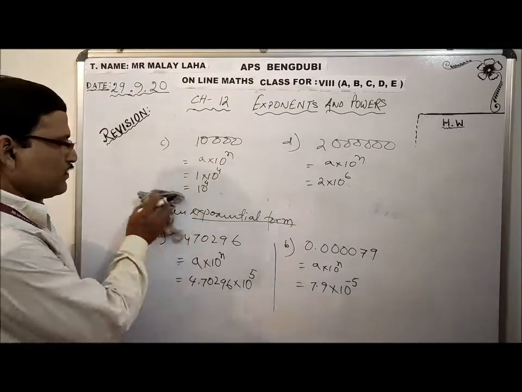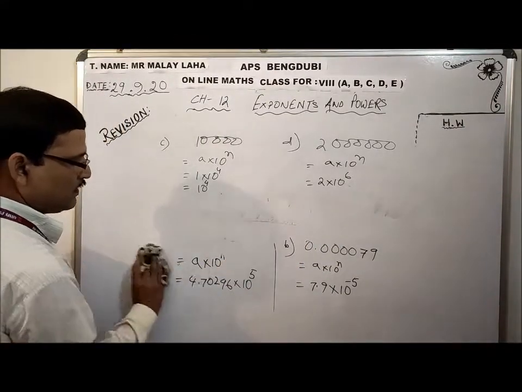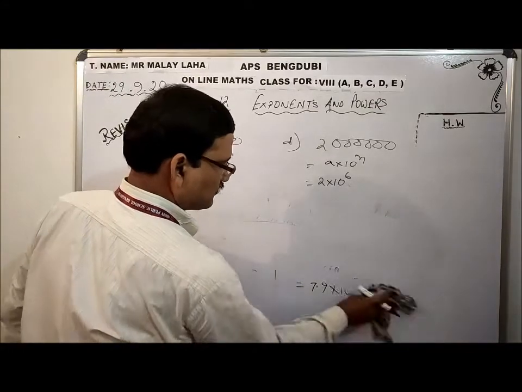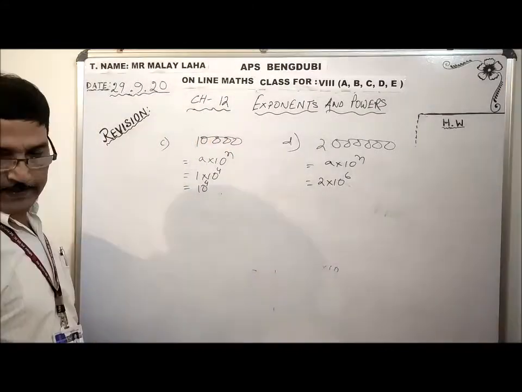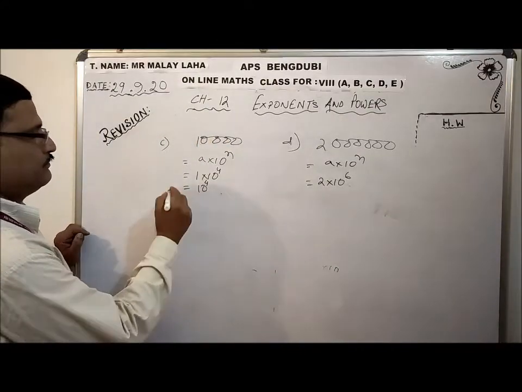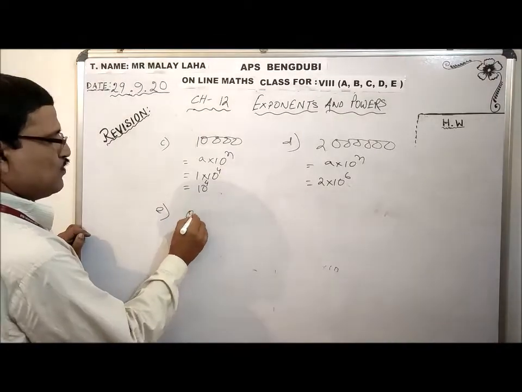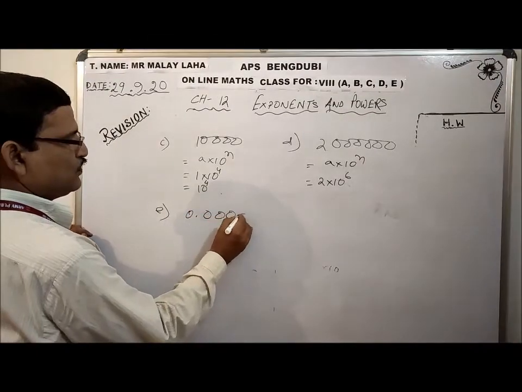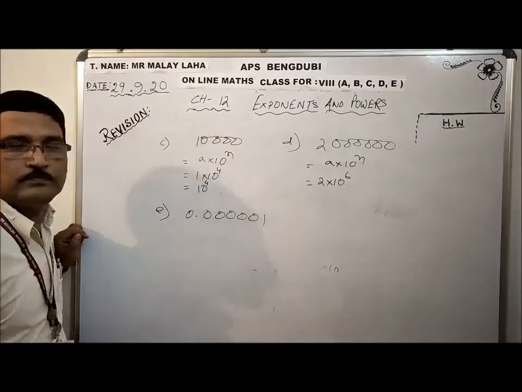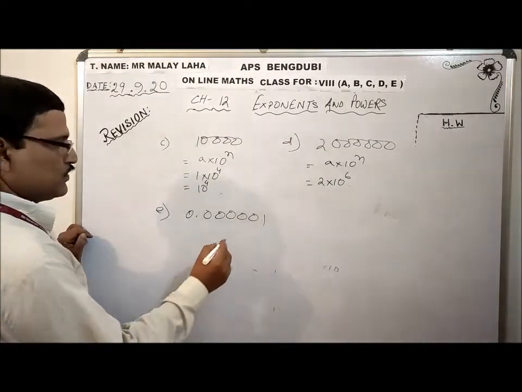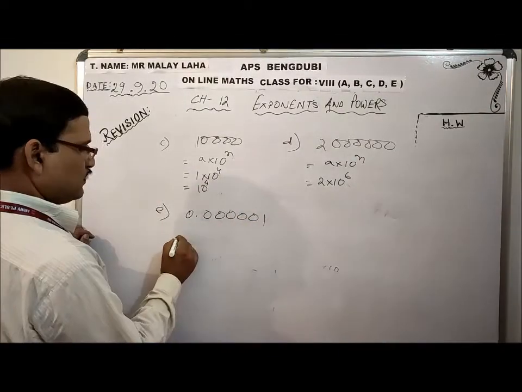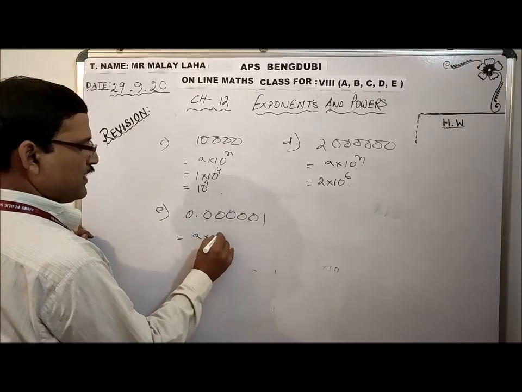Clear? Now coming to a few more examples. Say 0.000001. So the decimal should be here, so it will be a into 10 to the power n.